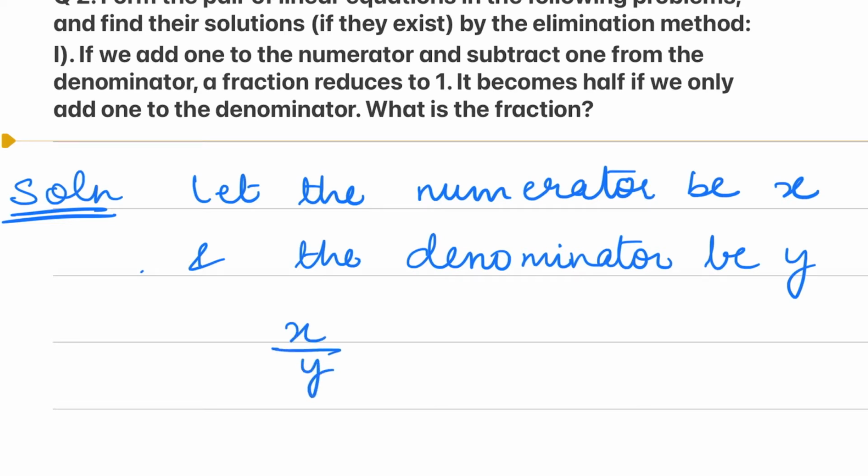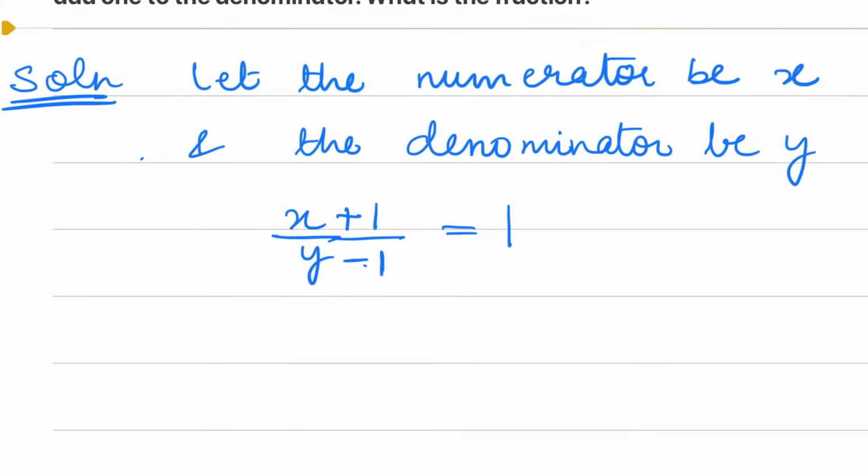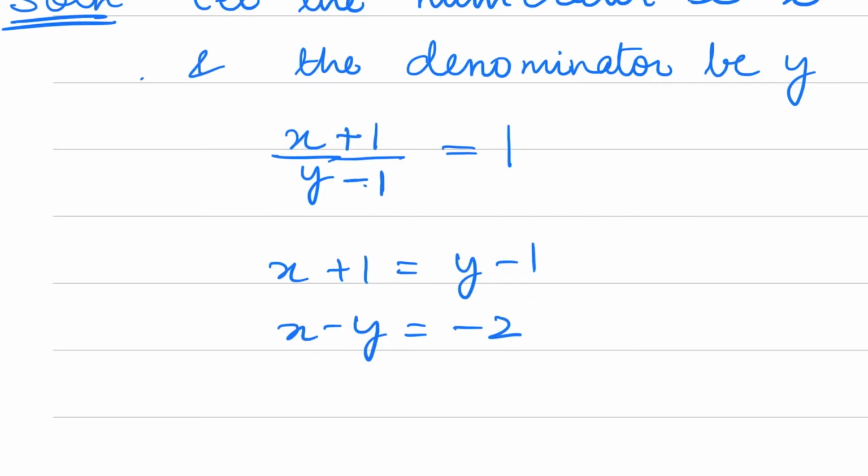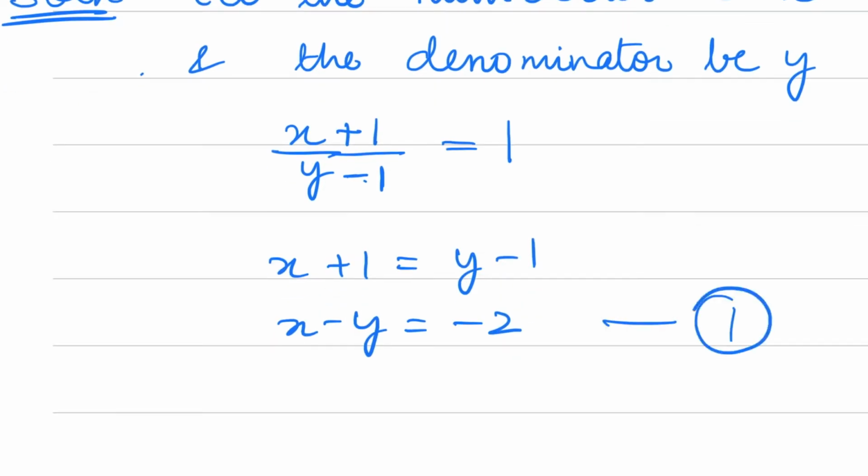If 1 is added to the numerator and 1 is subtracted from the denominator, a fraction becomes 1. So let's solve it. x plus 1 is equal to y minus 1. So x minus y is equal to minus 2. So this is my first equation.